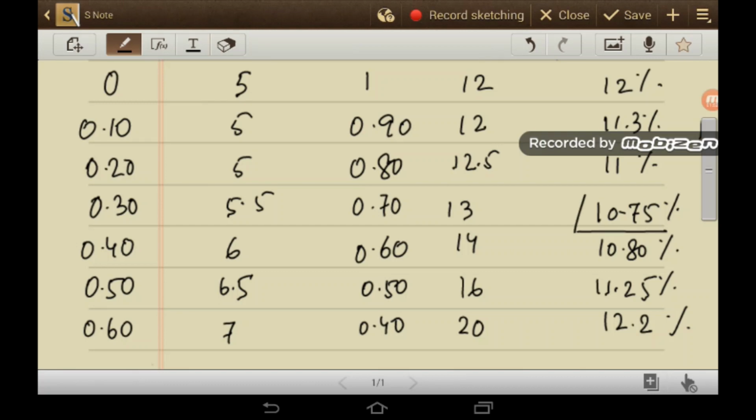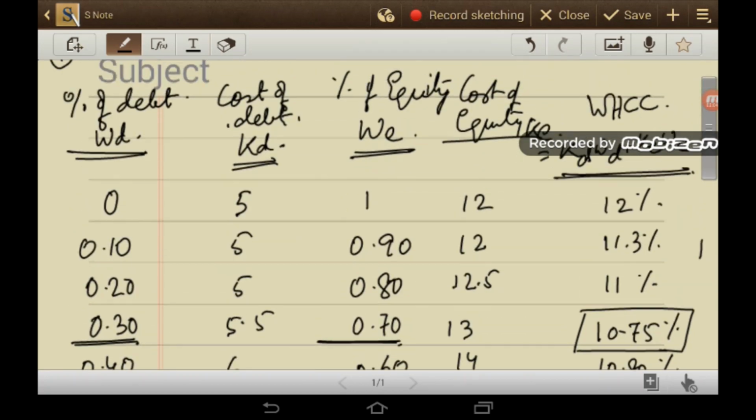So 10.75 is the least weighted average cost of capital. So your ideal capital structure will be 30% debt and 70% equity. This is the ideal capital structure where the weight of debt is 30% and weight of equity is 70%.